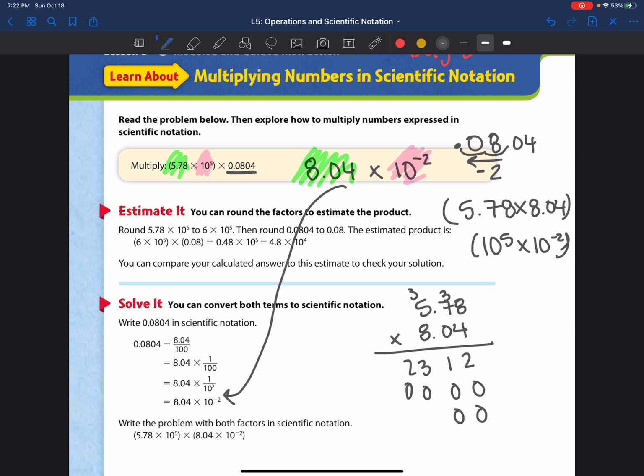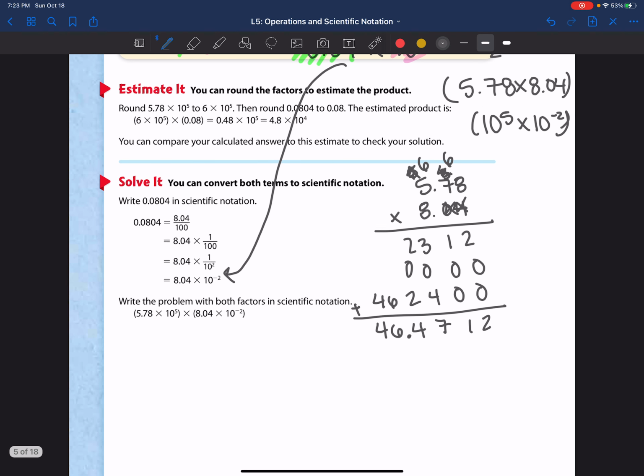Okay. And then I have my 4 and my 6. And I have 4 digits behind my decimal. So there we go. We have 46.4712 times 10 to the something.